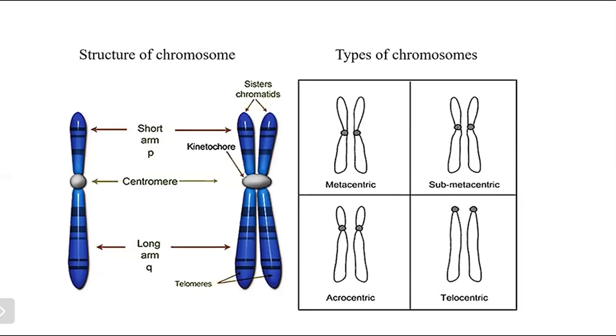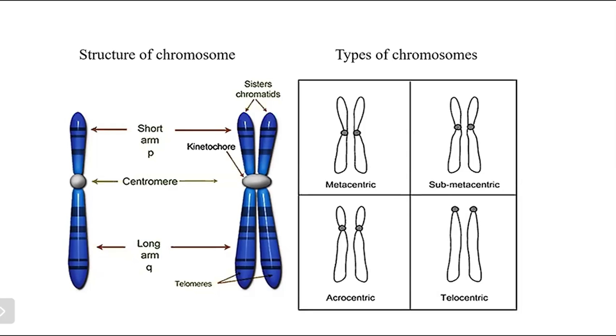Depending on the structure, there are types of chromosomes. The first is metacentric, when the centromere is at the center and the two arms are almost of equal length. Then submetacentric, where the centromere is slightly away from the center, so one arm is bigger than the other. The next is acrocentric, where the centromere is towards the end, so one arm is much shorter than the other.